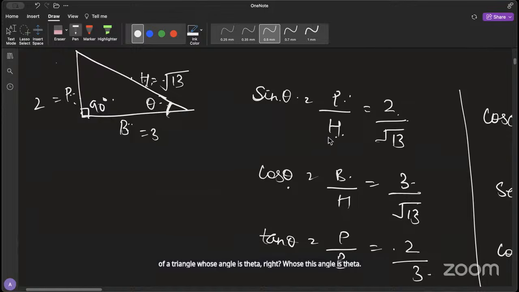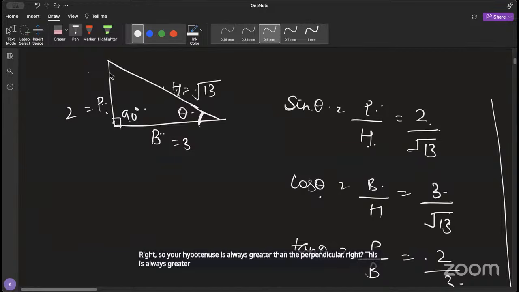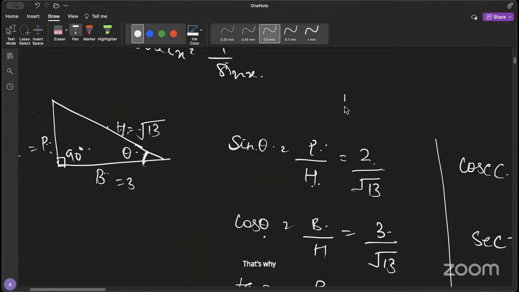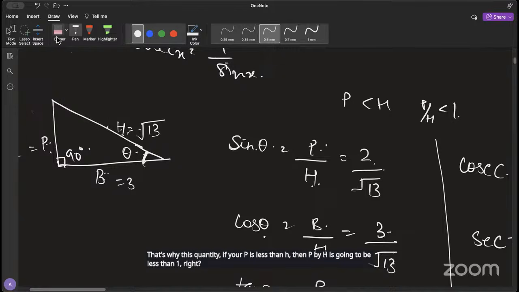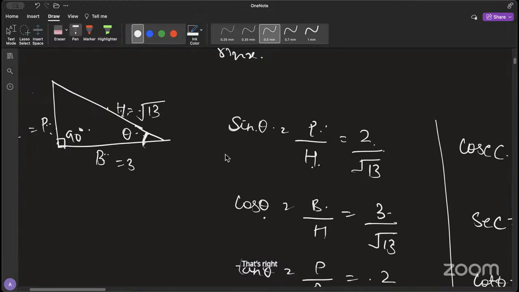So your hypotenuse is always greater than the perpendicular, and it is also always greater than the base. That's why, if your P is less than H, then P by H is going to be less than 1, right? Okay, ma'am. Thank you, ma'am.